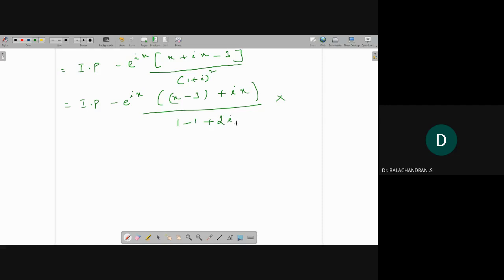Here I want to eliminate this I, so that's why multiply and divide by I. So imaginary part of minus e power ix, the numerator multiply by I. If you multiply by I square is minus, so minus x plus I into x minus 3.